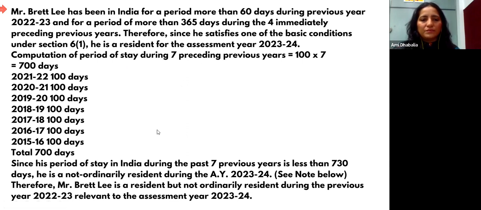Since his period of stay in India during the last 7 years is less than 730 days, he is a RNOR. So therefore, he is a resident but not ordinary resident during the previous year. Also, we need to calculate whether he is a resident in at least 2 out of the 10 PPYs.